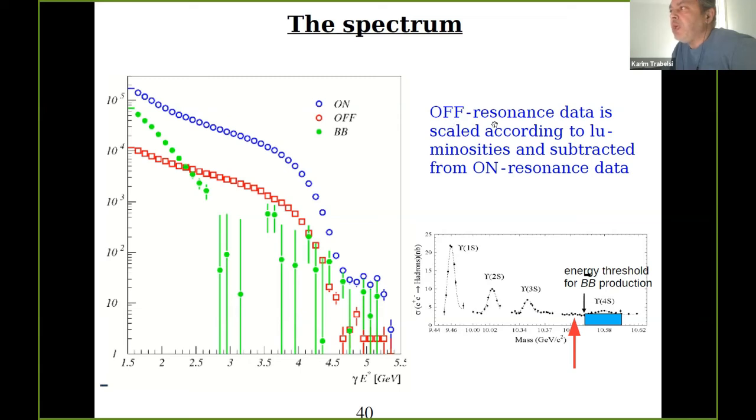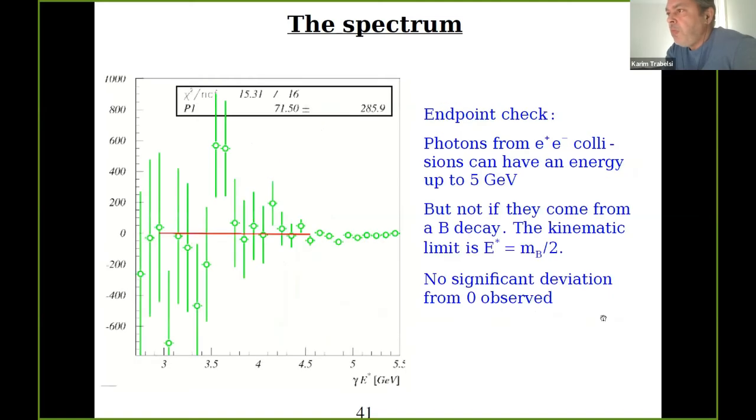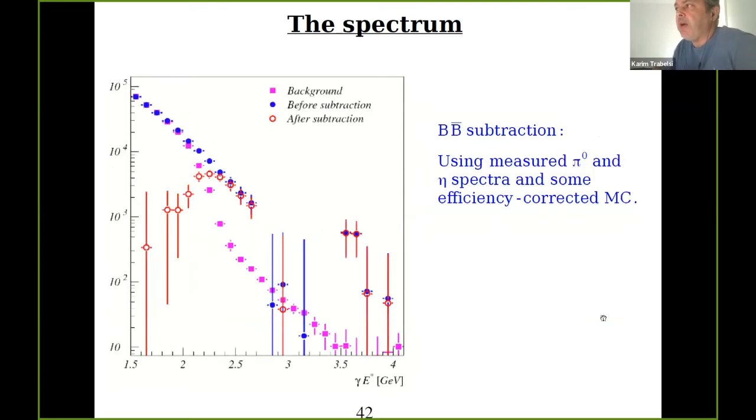You will use what we call an off-resonance data sample to actually describe your background and subtract it from the distribution that you obtain on resonance. So if the subtraction is done properly, you then have a complete cancellation, if you want, of the continuum contribution of the gamma.